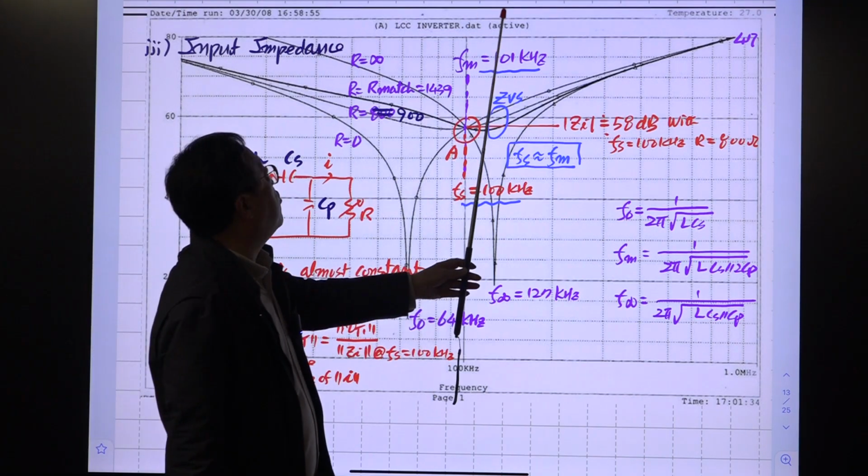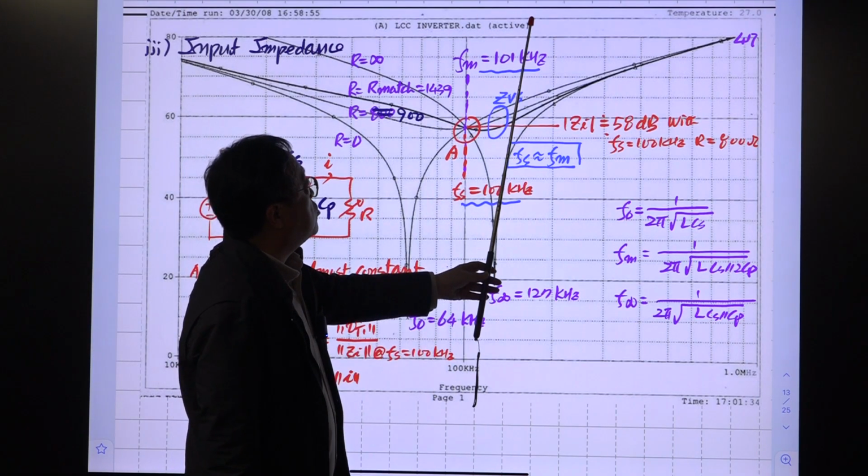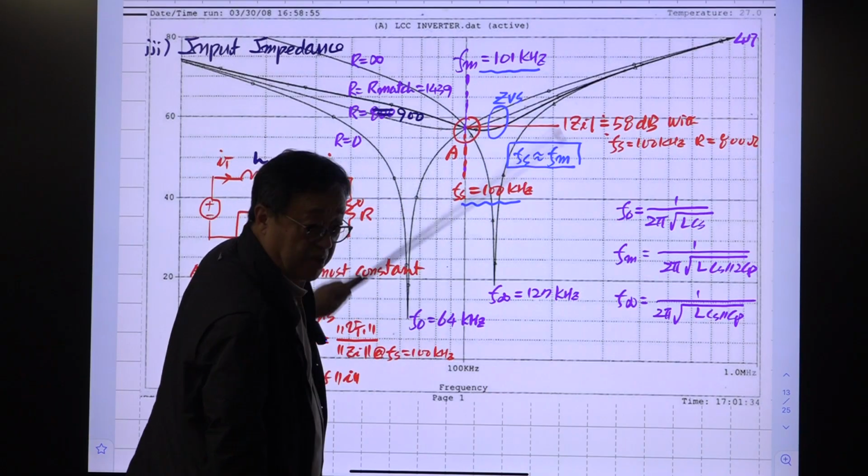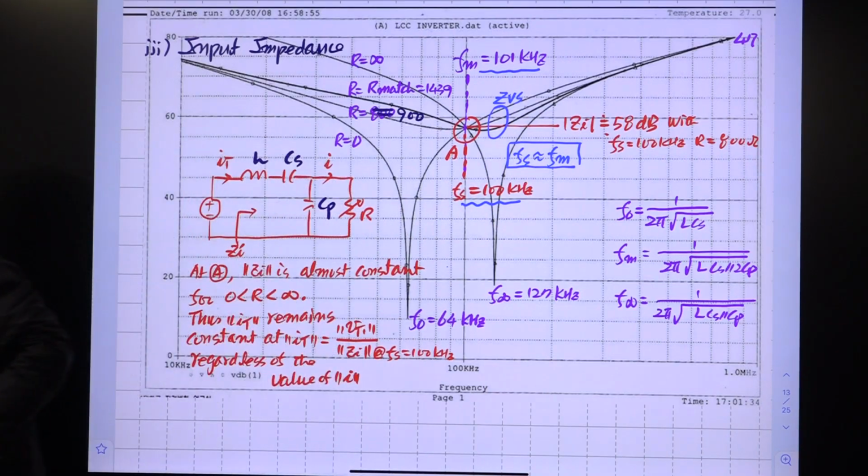Still, at this low frequency, the light-load efficiency will be bad because of this direction of change in the magnitude of input impedance. So from this, we expect the efficiency of this converter to be bad at light-load condition.